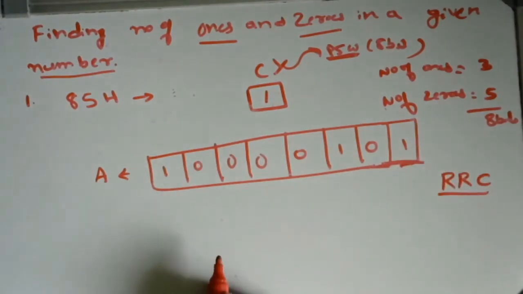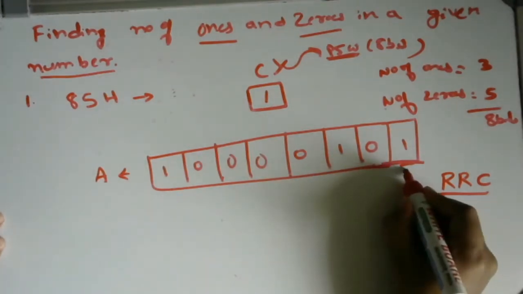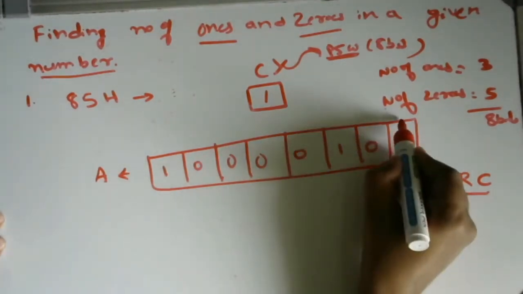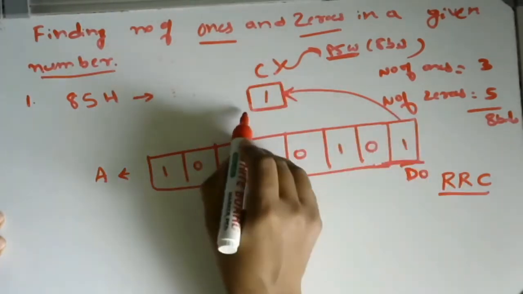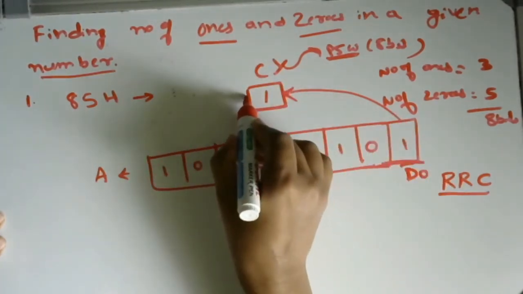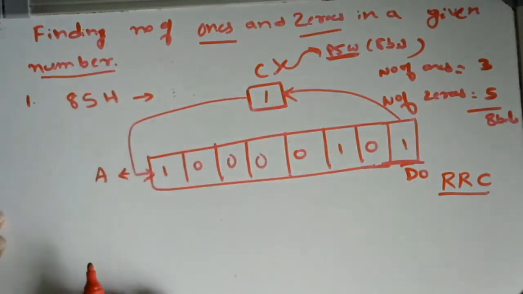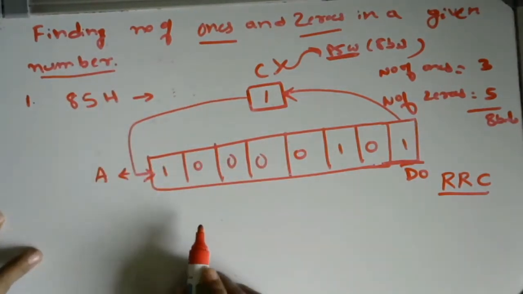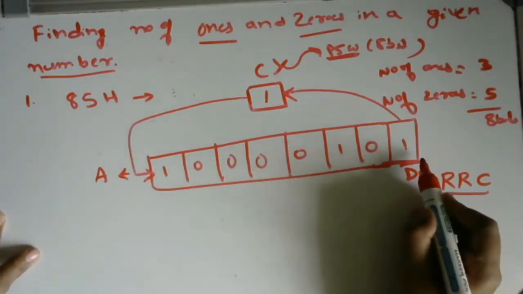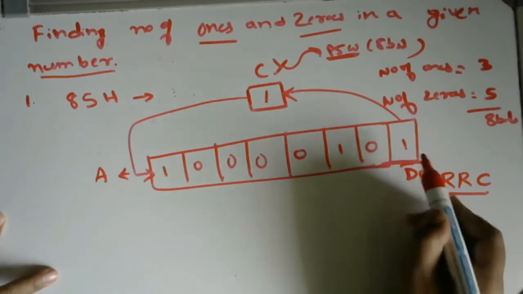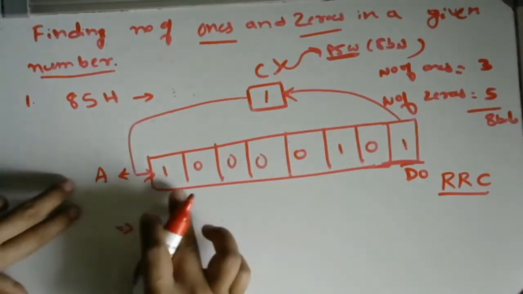The RRC instruction will copy the LSB, that is shift the LSB, into the carry flag, and whatever is in the carry flag will be shifted to the MSB. In other words, each bit will be shifted one place to the right. After shifting, we'll write the status of the accumulator.